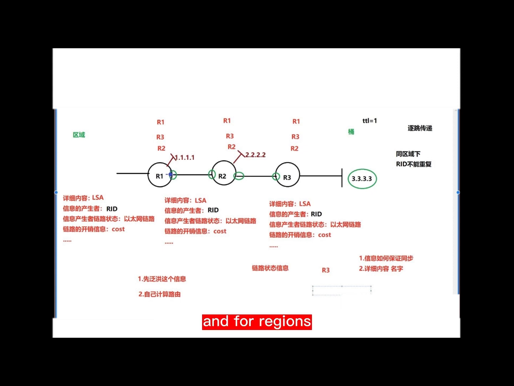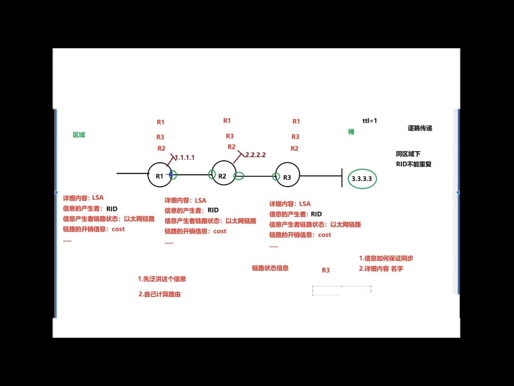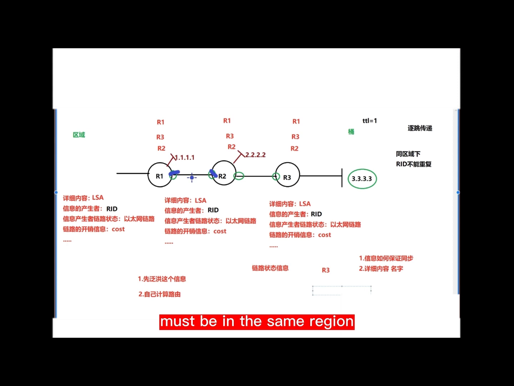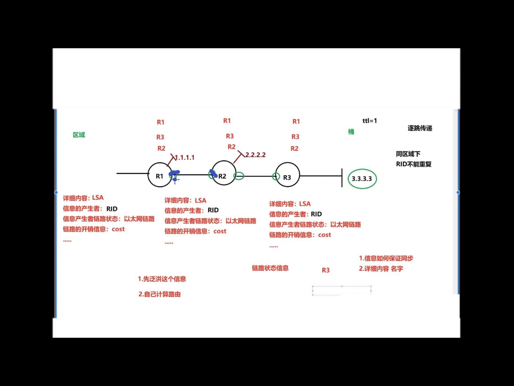And for areas, let's go back to this picture. If you want to establish a relationship between R1 and R2, then the two interfaces must be in the same area. This is a prerequisite for their data to be synchronized. If you take the IE test in the future, there will also be corresponding questions: a neighborhood cannot be established, and the reason may be that the area ID is inconsistent.